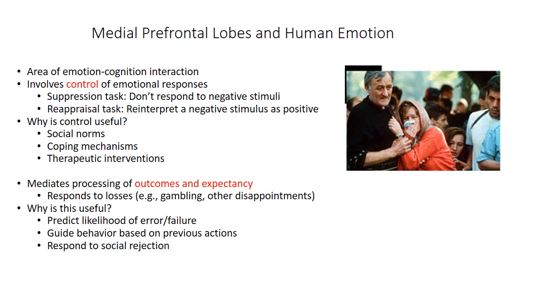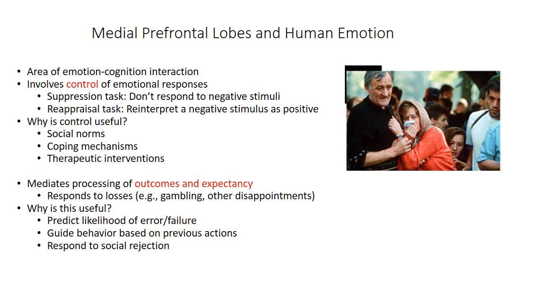But the medial prefrontal lobes, like I said, are involved in emotion and cognition more generally, not just control. It also processes outcomes and expectancy. So when I lose, like in gambling or any other disappointment, I should have a healthy negative reaction to loss, which should probably make me avoid that thing in the future a little bit more, right?